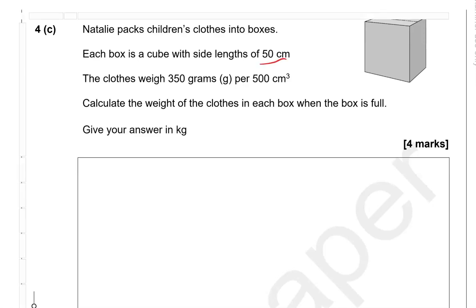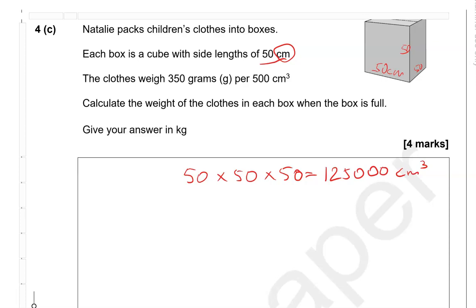So that would be 50 centimeters, 50 and 50. To work out the volume of the cube, we're going to do 50 times 50 times 50, which is 125,000 centimeters cubed.